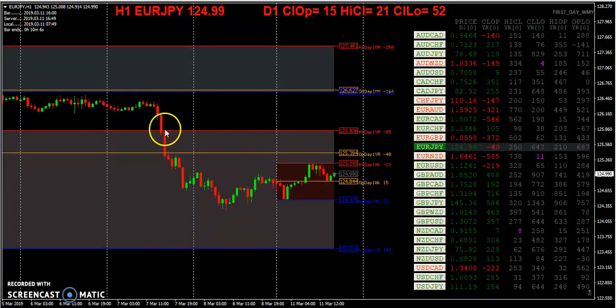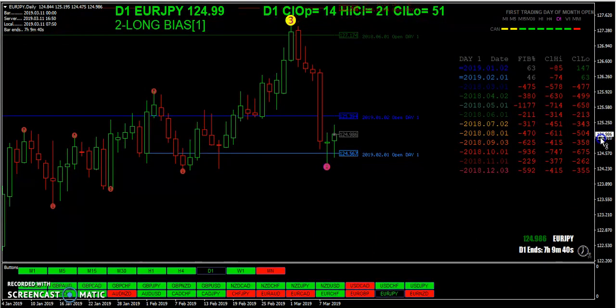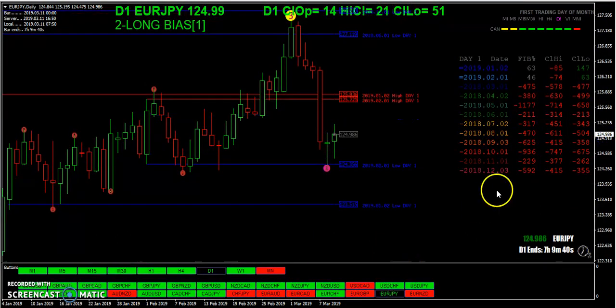And you can see here for the year, price had broken out of the first trading day of the year, and then came back in. So once again, this chart is showing the first day of the week, first day of the month, first day of the year, and we look to trade the breakouts at those levels. These are just opens. This is a crossover trade.